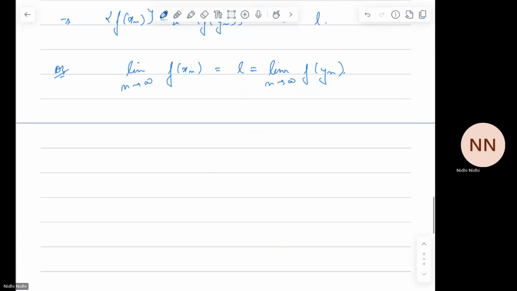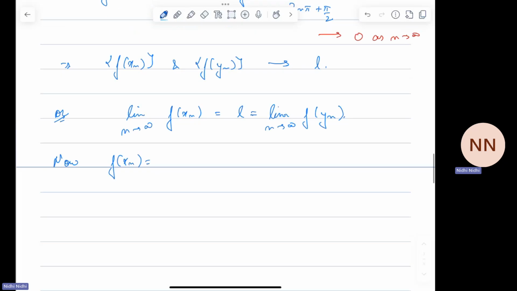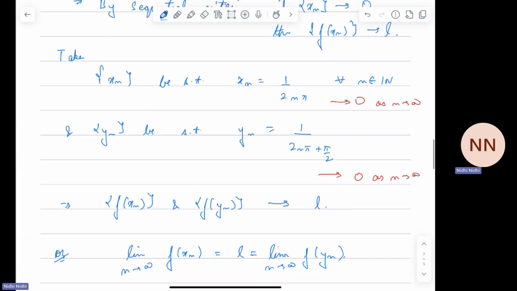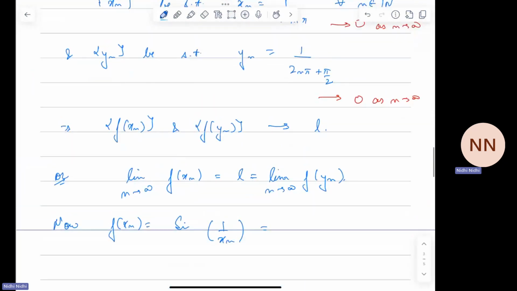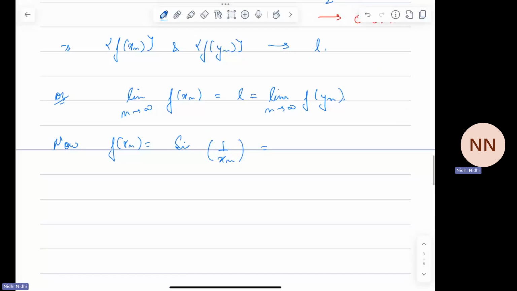Now f(x_n) is equal to, since our function f(x) is sin(1/x), sin(1/x_n). And what is x_n? x_n is 1 upon 2n pi, so this is sin(2n pi), and we all know that this is equal to 0 for every n in N. This implies f(x_n) is a constant sequence, basically the 0 sequence, so obviously this will converge to 0.